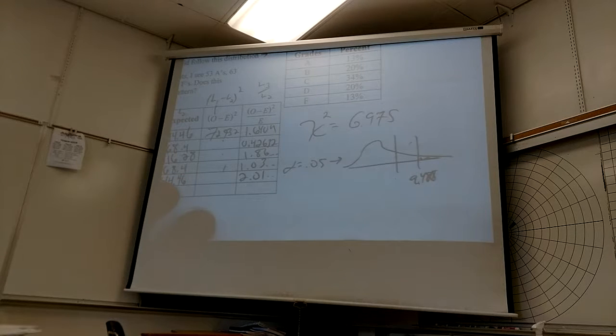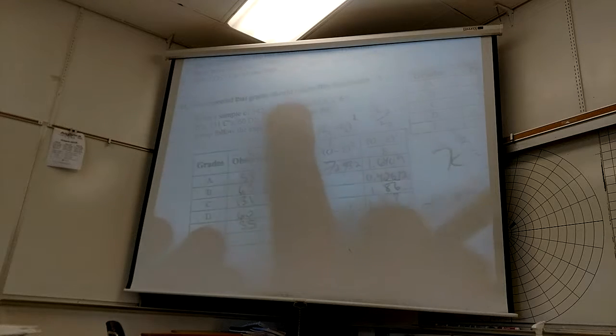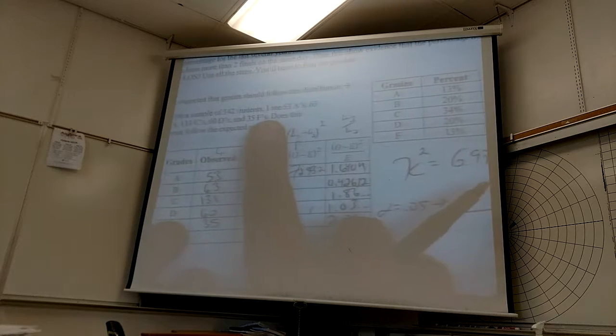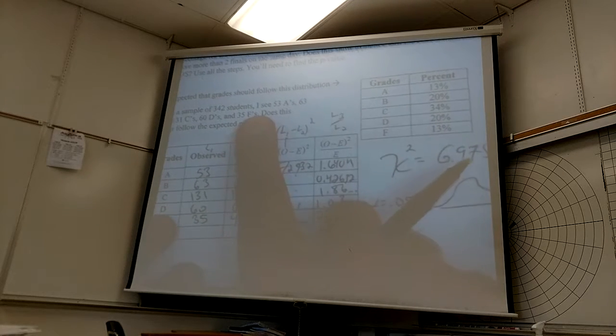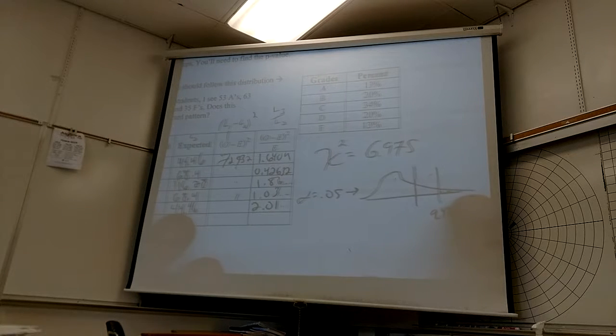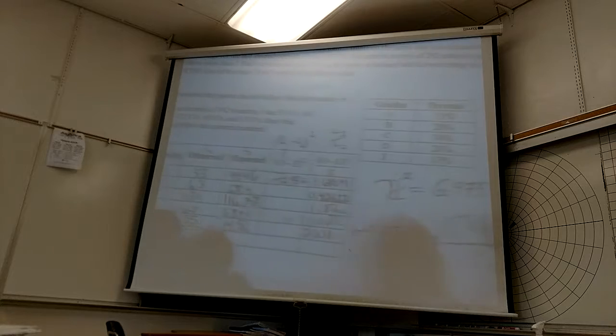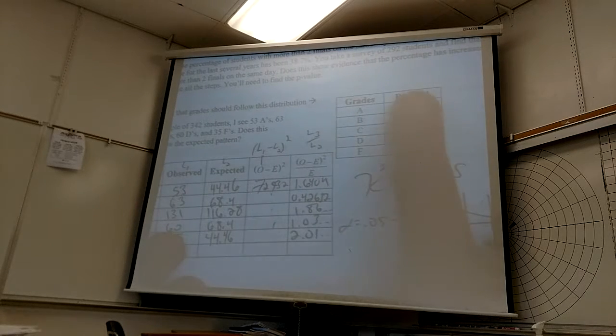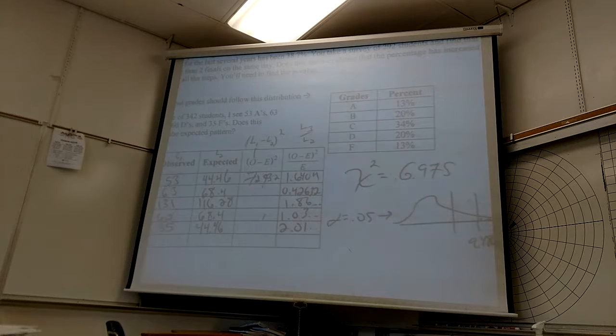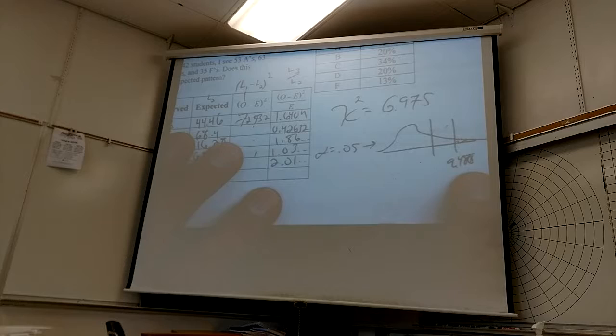We failed to show that these grades don't follow this pattern. If we had made it out there, it's so far away from 0 that it would be evidence that these grades don't follow this pattern, because they would be really different. We got them to be different, but did we get them to be different enough?